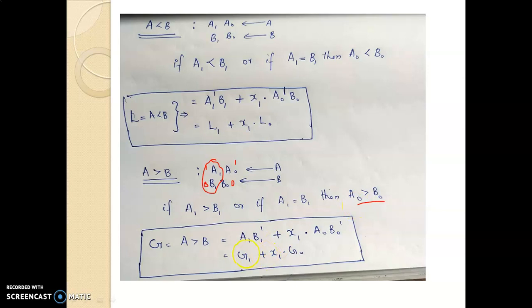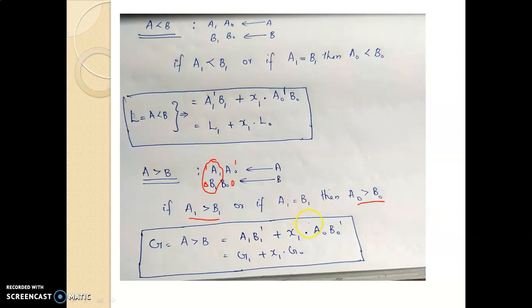So we can formulate the equation as G, that is A greater than B. A1 has to be 1 and B1 has to be 0, that is B1 bar. So A1 B1 bar is obtained. Plus, what if A1 is equal to B1? That is A1 XNOR B1, which is X1.